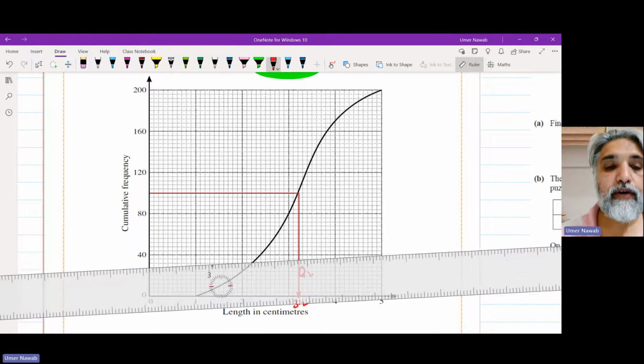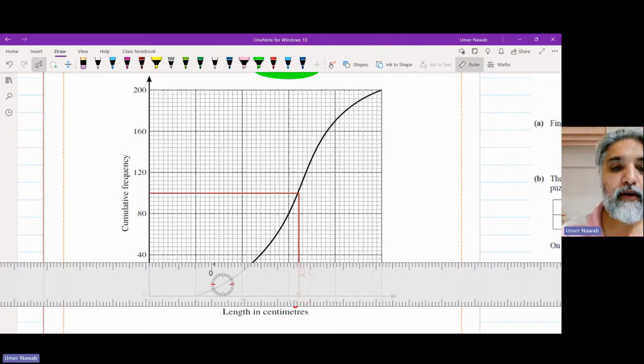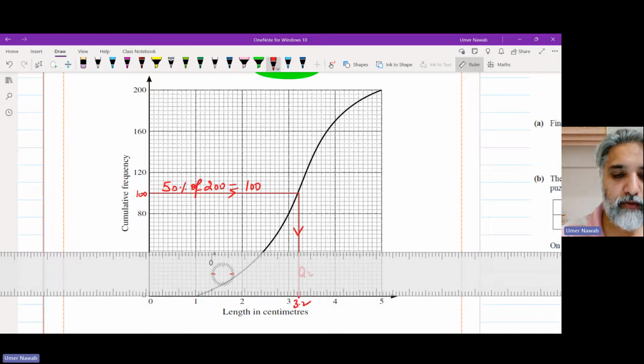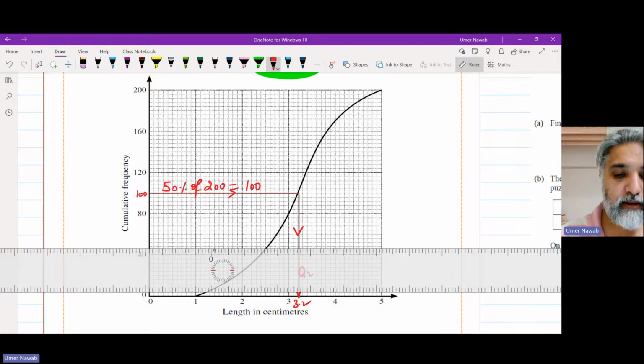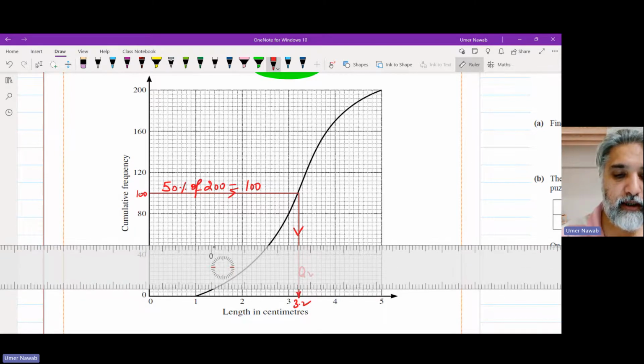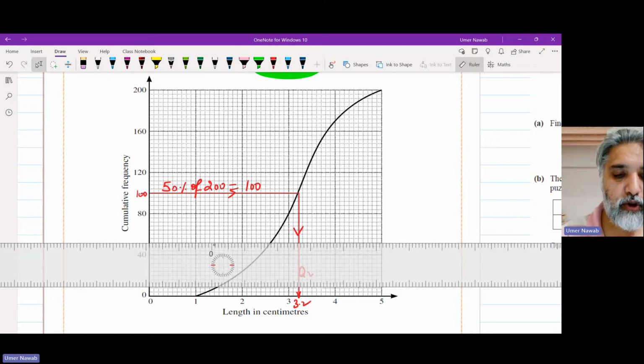Also, I want to see where is my lower quartile. Guys, can you check? I found 50% of 200, which is 100, and from 100 I go down and I found the median. Now 40, 44, this is 48, and then next is 52.